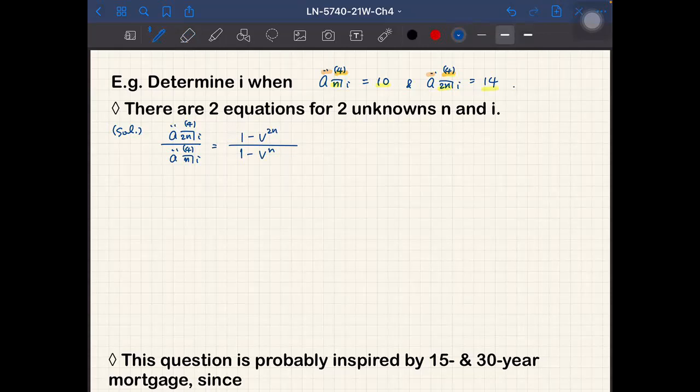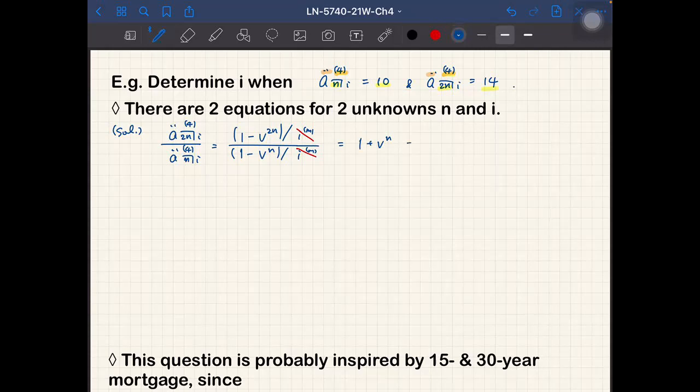Originally we have the i superscript m here, but these terms cancel, so we don't need it. So this is actually 1 plus v to the power n. So we don't exactly use the theorem, but we use the idea of the proof of the theorem.